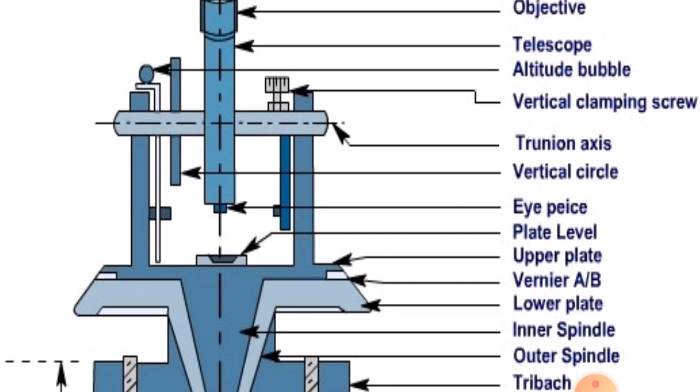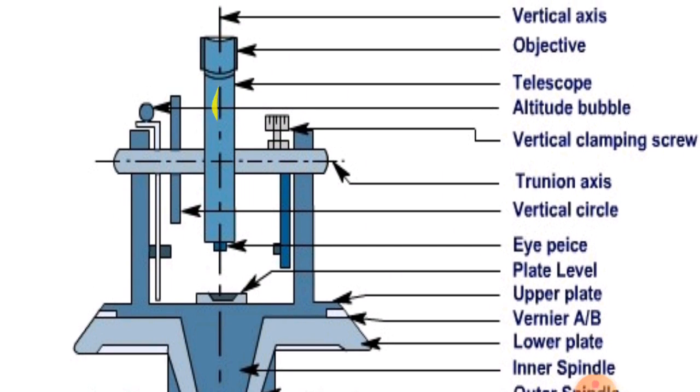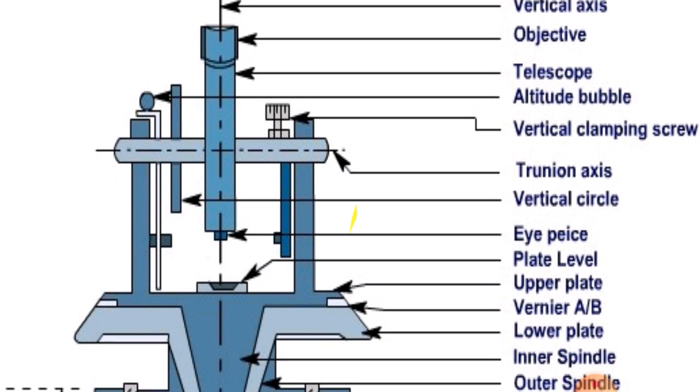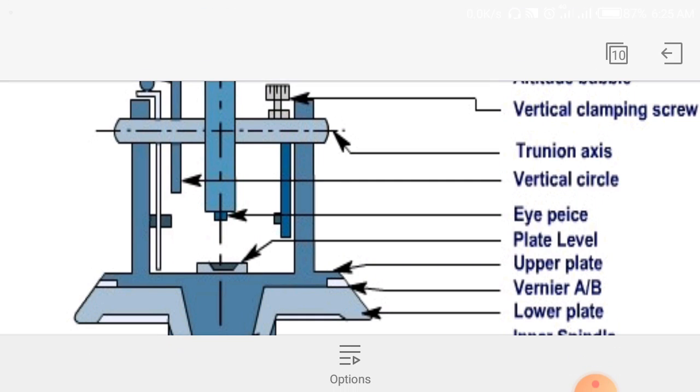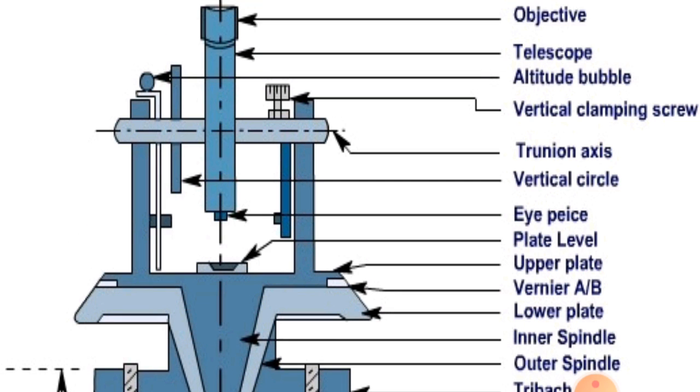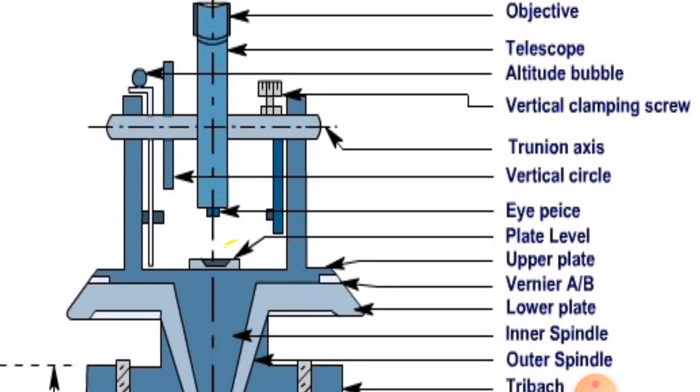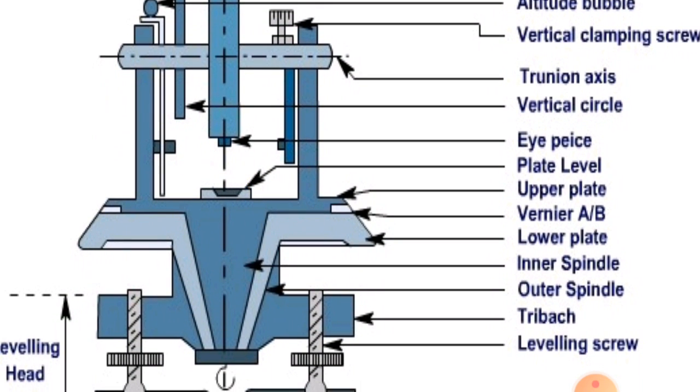The trunnion axis is the horizontal axis on which the telescope rotates. Then the eyepiece, which is the eye vane through which we see easily. Then the plate level, a horizontal level provided on top of the instrument.